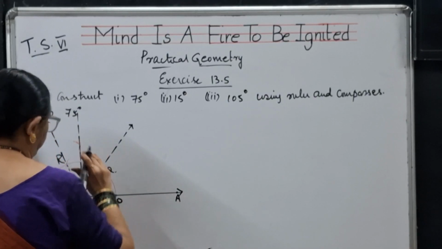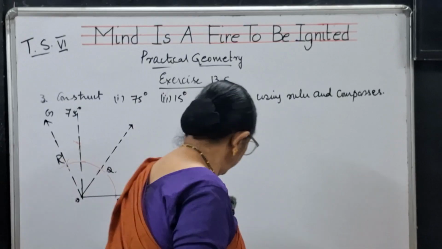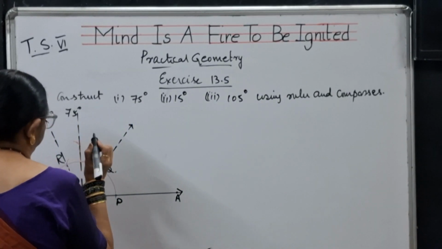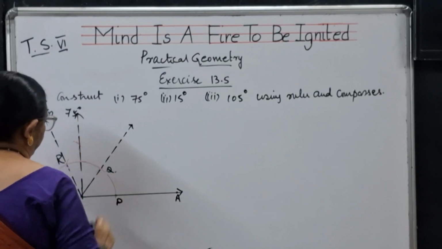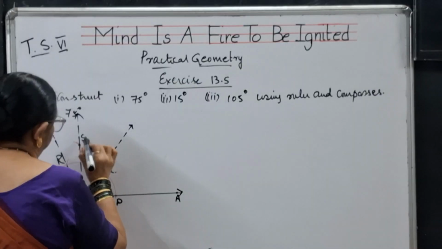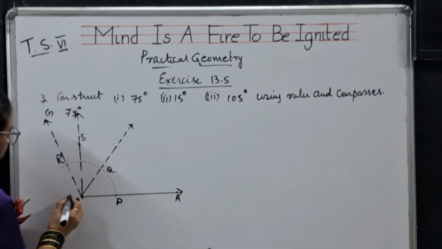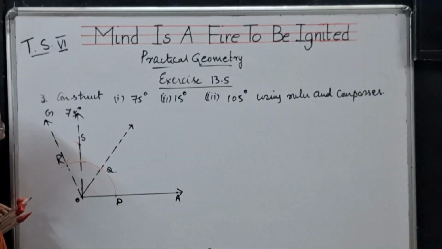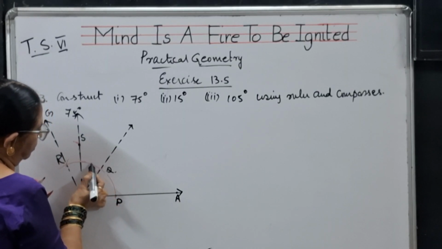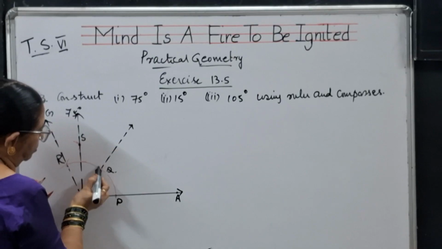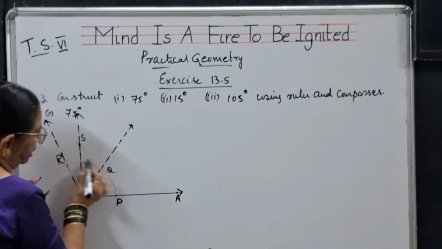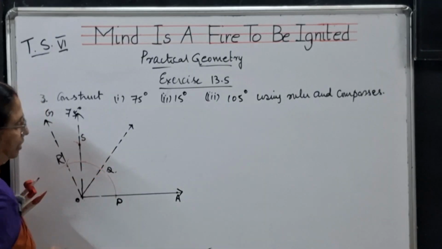These are the two arcs that I have got here. Let me write this point as S, OS ray. So here this is 60 degrees, children, and this is actually 30 degrees, because this whole angle is 60 degrees, and a bisector of it from here to here is 30.